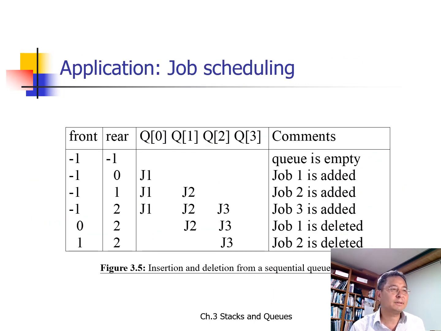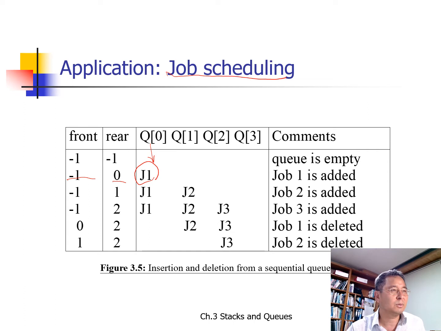For example, in a job scheduling application, if one job arrives, then job J1 will be stored in Q[0], and front is -1 and the rear will point to 0.